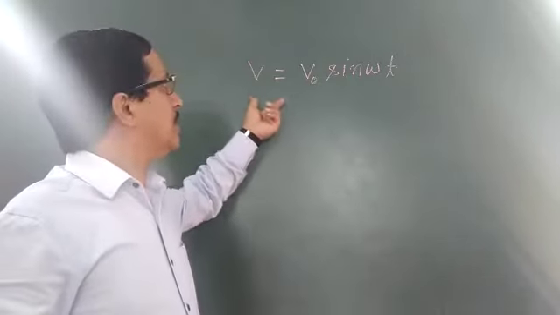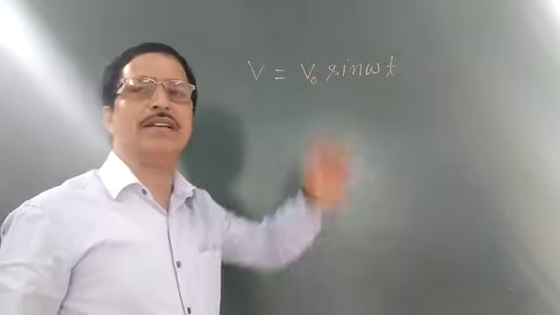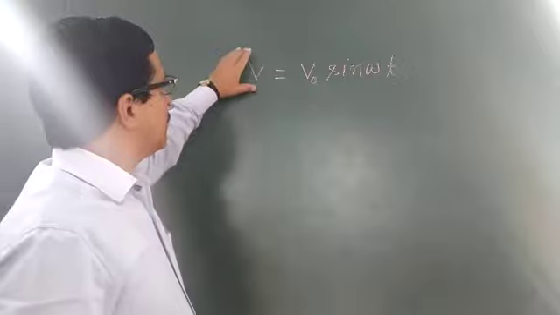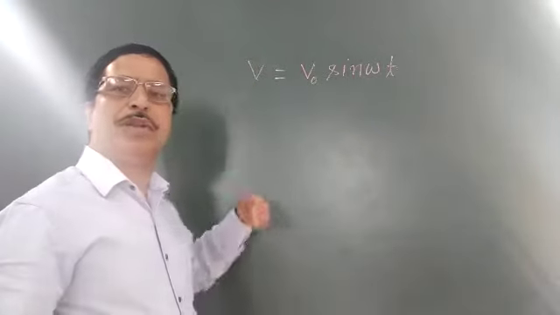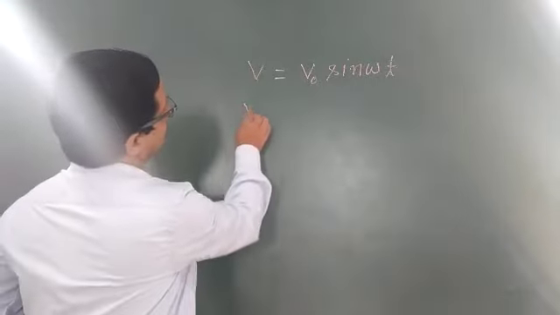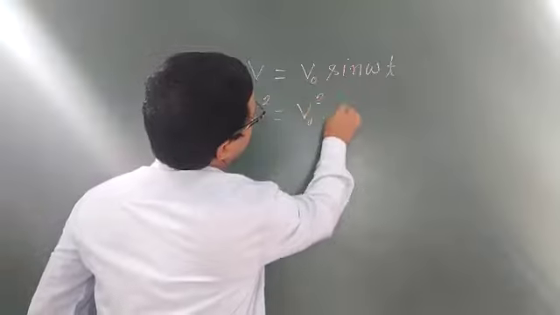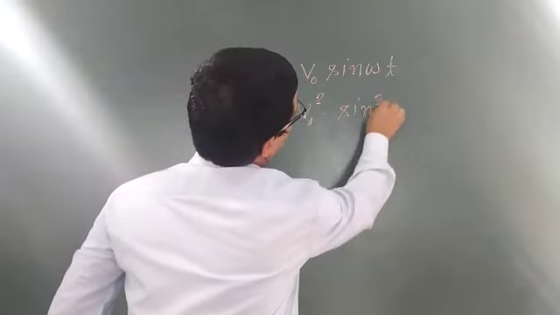We have this equation for alternating voltage, V equal to V0 sin omega t. First we will square it to obtain the RMS value. We will first square this equation and write it as V square equal to V0 square sin square omega t.